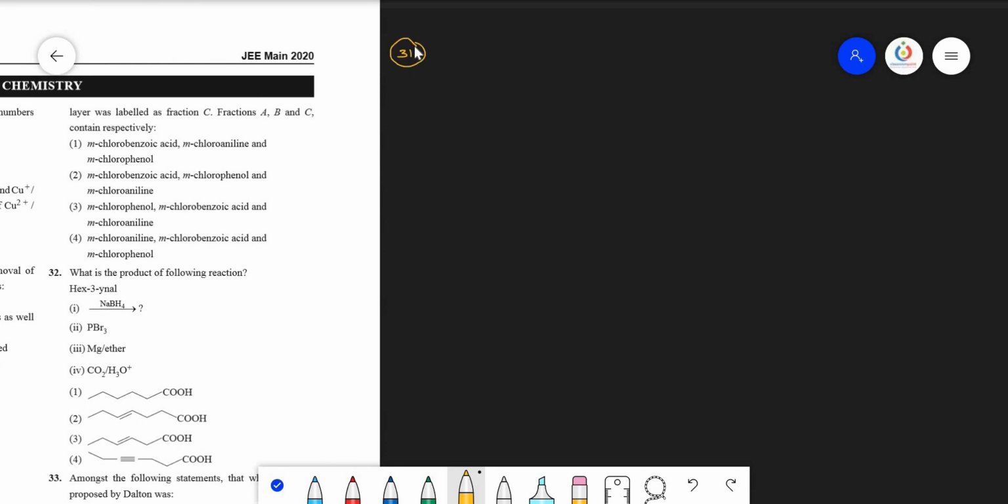So first of all, let us try to write down the given molecules here. The given molecule is metachlorobenzoic acid plus metachlorophenol plus metachloroaniline.